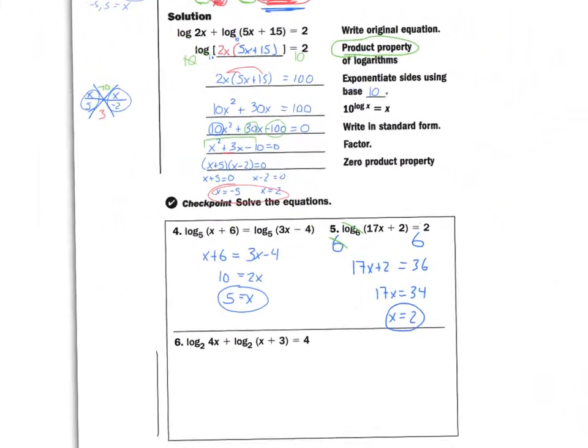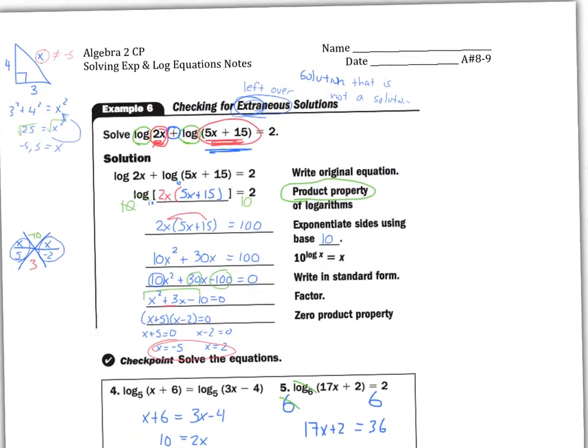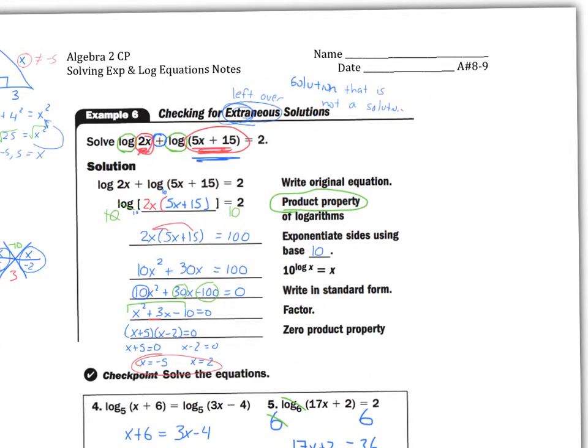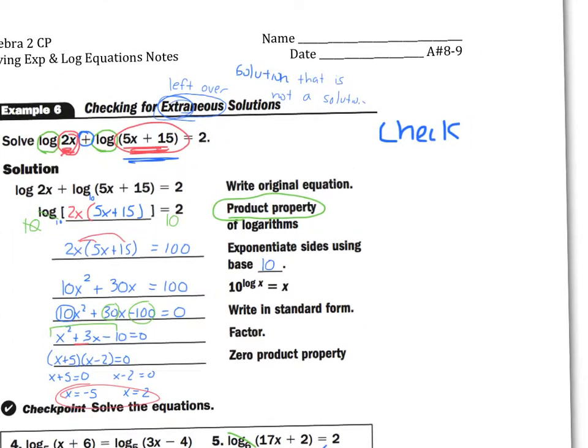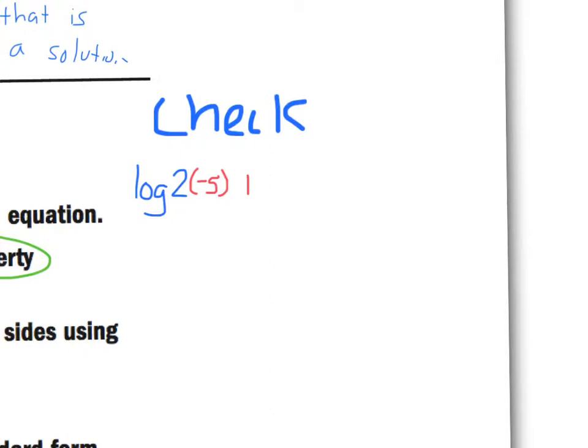The problem is we have to double check to see if there is a mistake. So I'm going to clean up here and check my work over here. So I'm going to rewrite the problem. So log of 2 times negative 5 plus log of 5 times negative 5 plus 15 all equals 2.